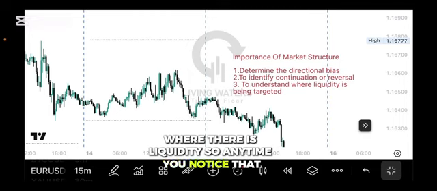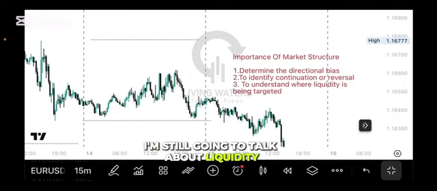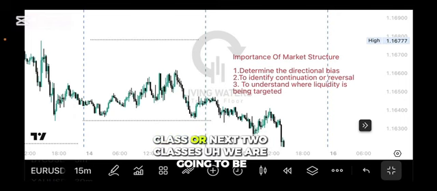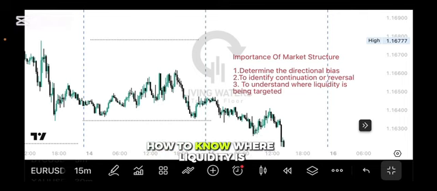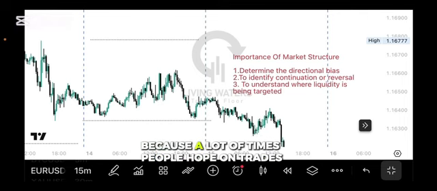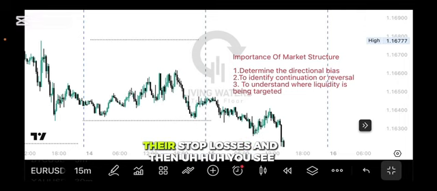So anytime you notice that you have relatively equal lows, as a matter of fact, I'm still going to talk about liquidity very well. I think in the next class or next two classes, we are going to be studying the concept of liquidity. We will understand how to know where liquidity is. Because a lot of times people open trades and the market moves a little bit and then reverses and hits their stop losses.